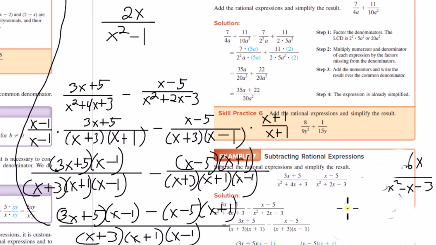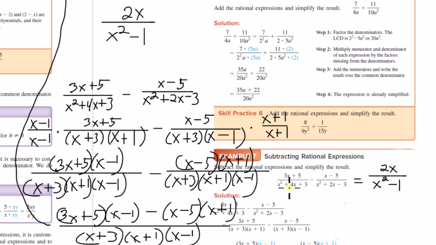It's interesting that our final answer here, for the subtraction we were doing, is this. But you would still need to figure out what values you can't input into these, right?